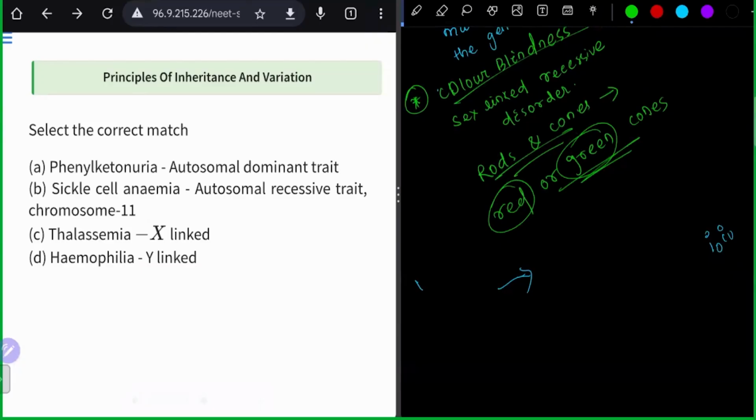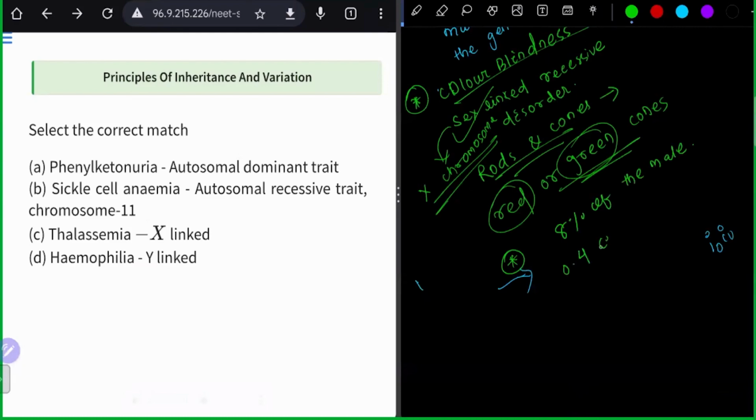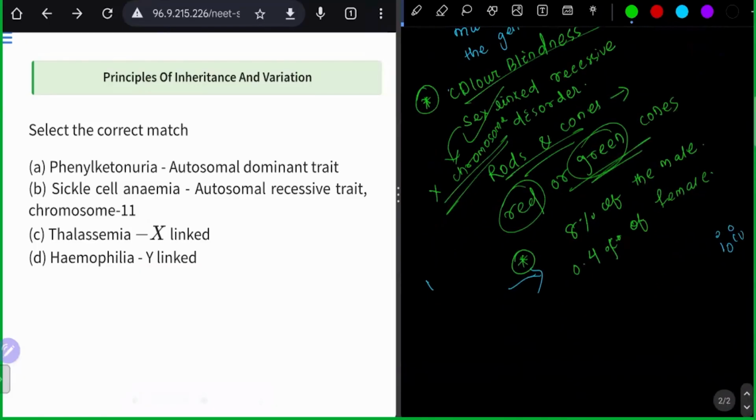As it is an X-linked disorder, the mutation is present on the X chromosome. Some important facts to remember: it occurs in 8% of males and only 0.44% of females.